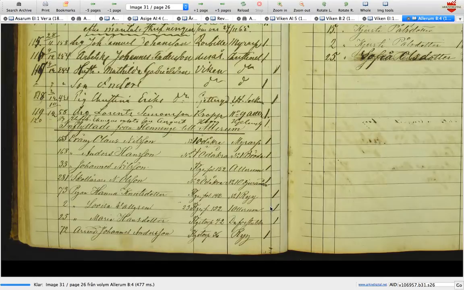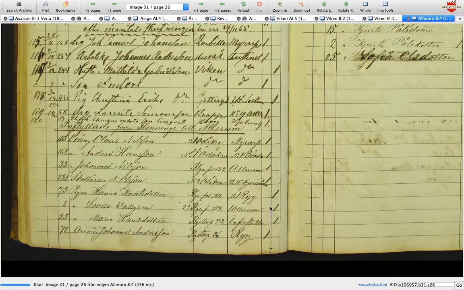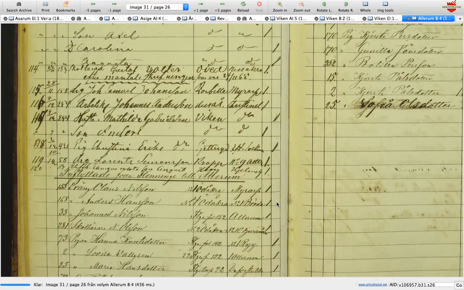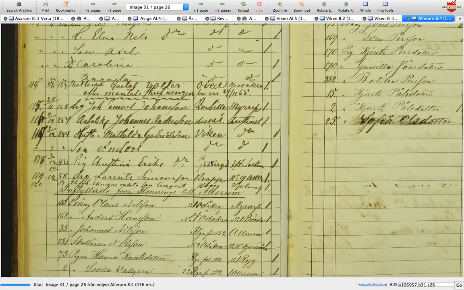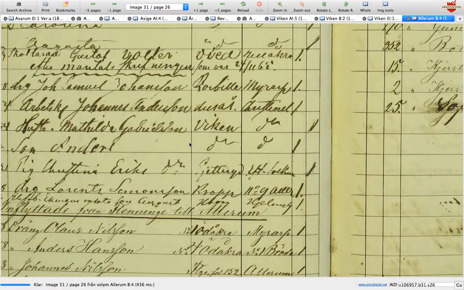Start from the end again. Here's Gabriella. Matilda Gabrielsson. Viken. Here we have them.